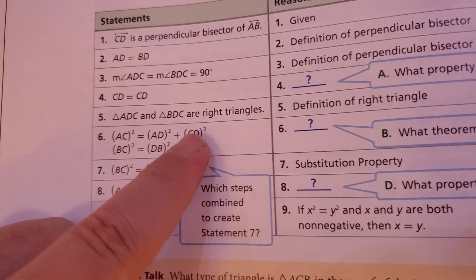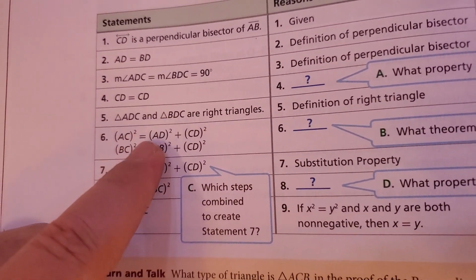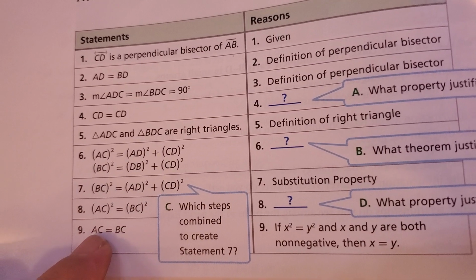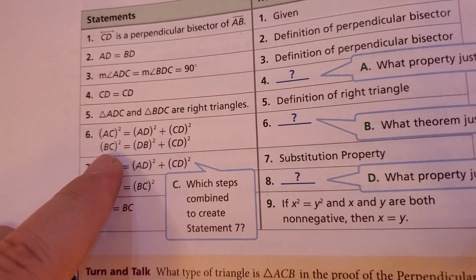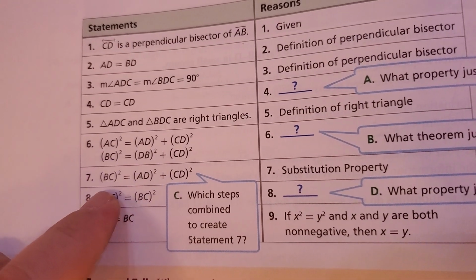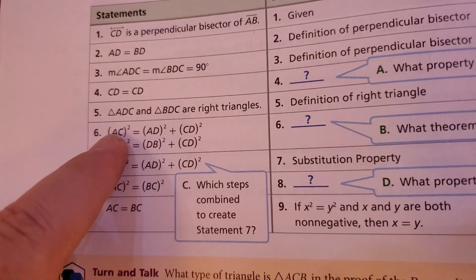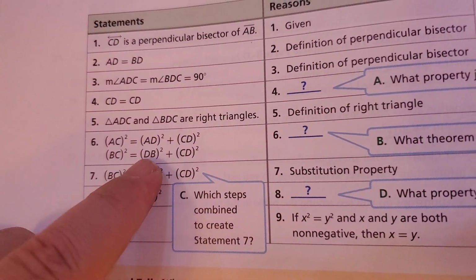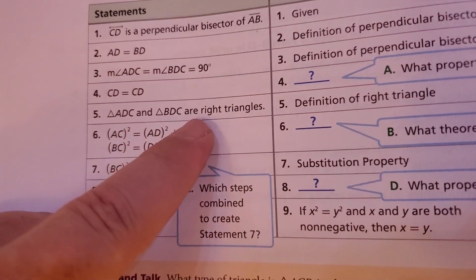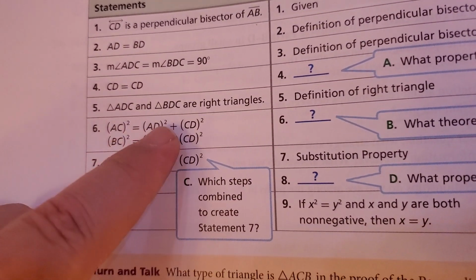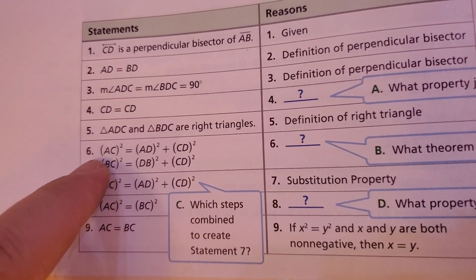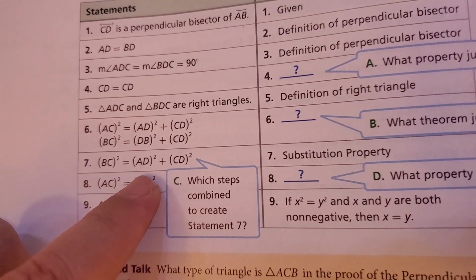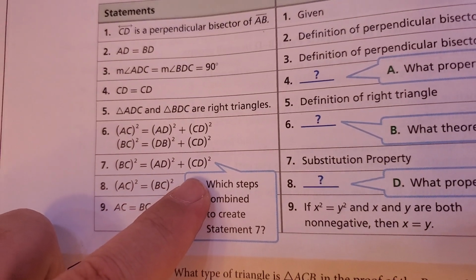So if these are the same, these are the same, then I can take the BC that was put in here. I can plug that in for the AC because I know that these are all the same here. So if this whole thing is the same as that whole thing, I could put BC in place of the AC, and that's how I end up with this BC equals AD squared plus CD squared.